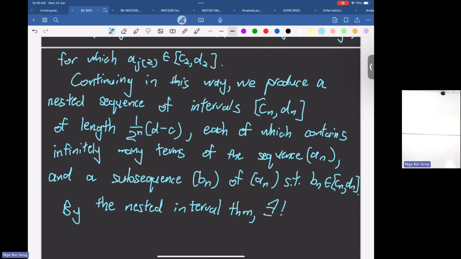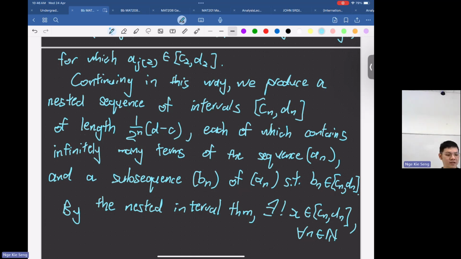There exists a unique point x in [cn, dn] for every n. And what's this x here? This is L, the limit.